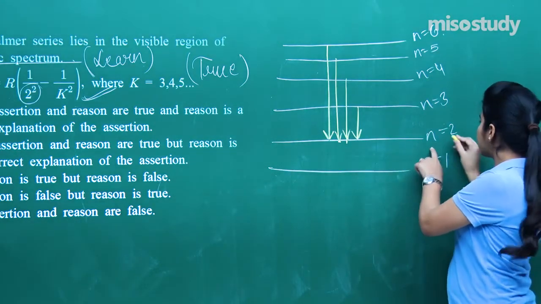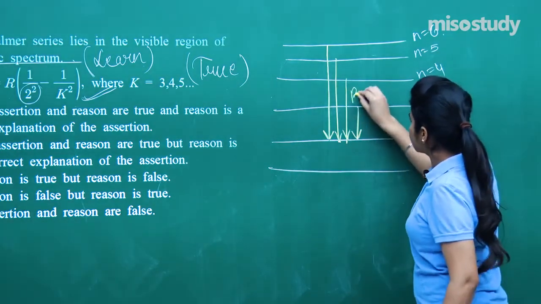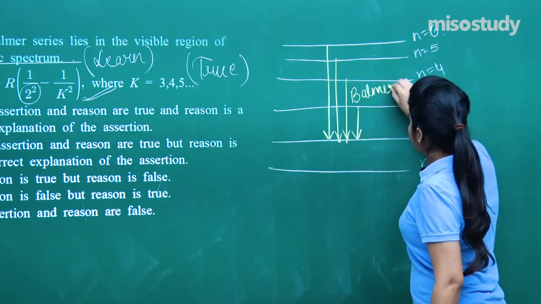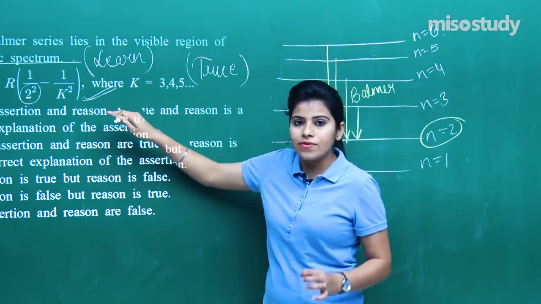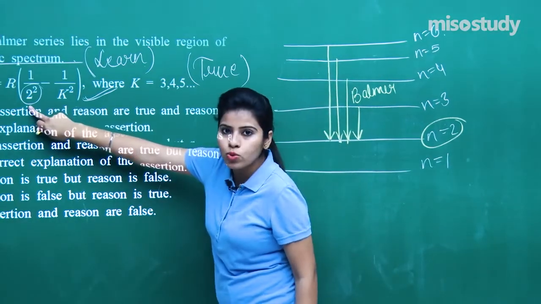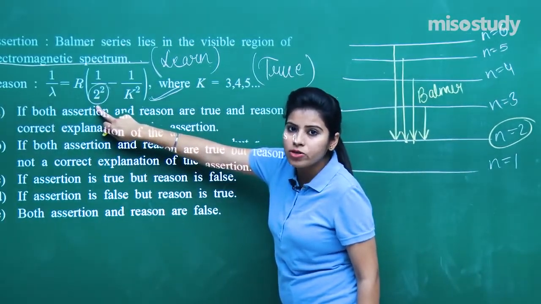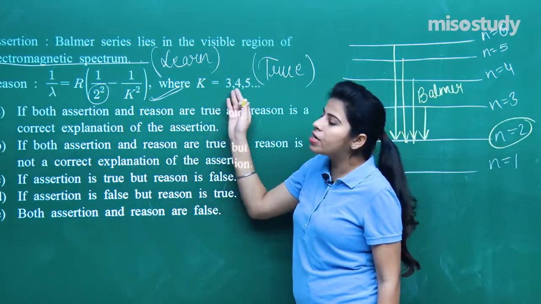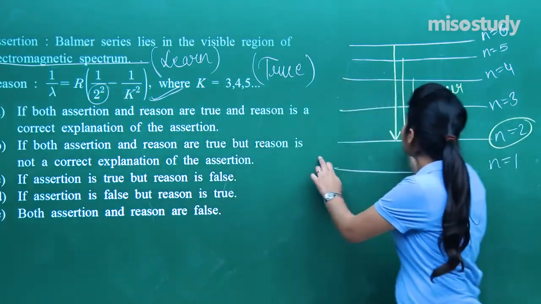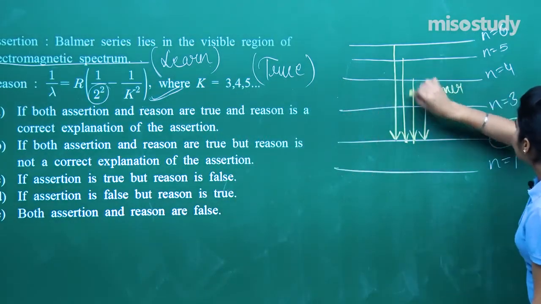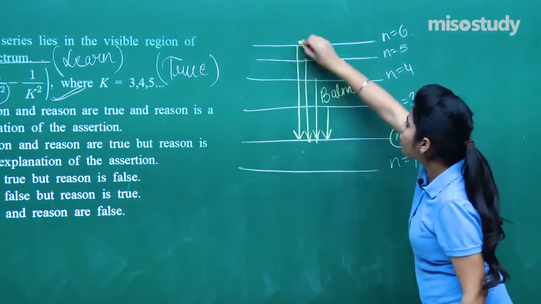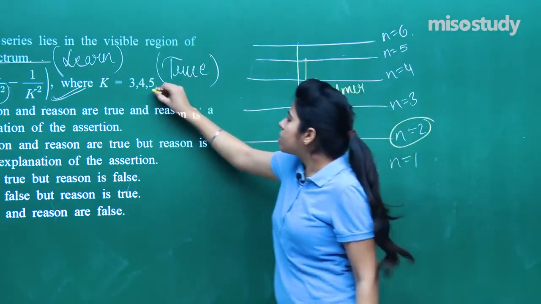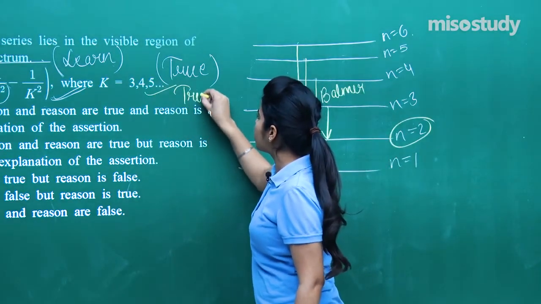So 1 by lambda, the final energy level n1 will be 2. So this is correct. And k can be 3, 4, 5 or 6, because the transition is taking place from either 3, 4, 5 or 6. So this is also a true statement.